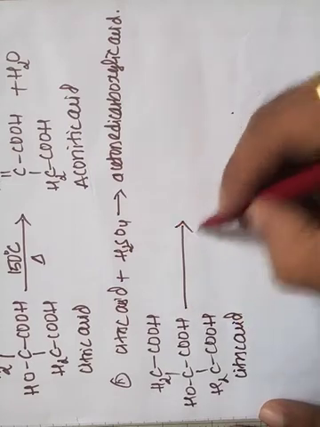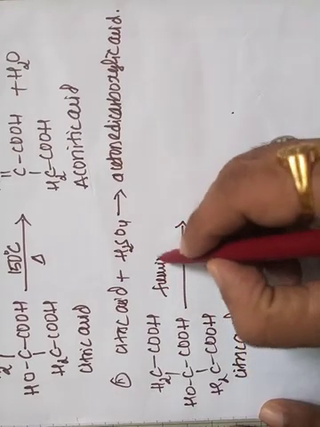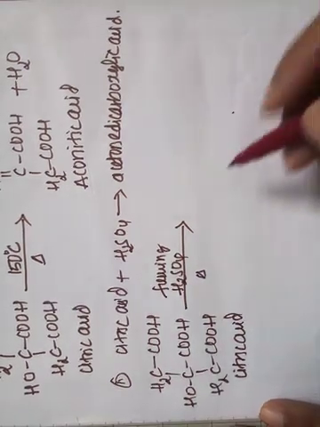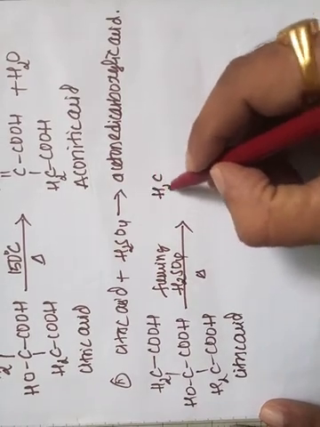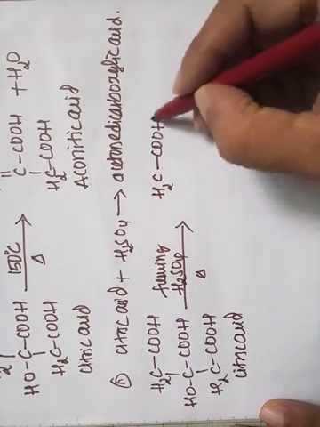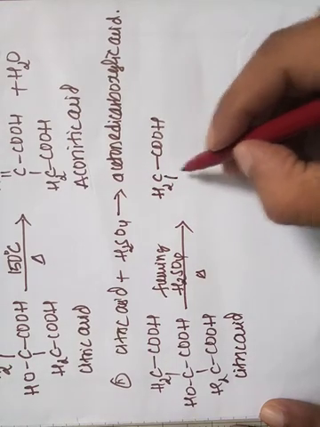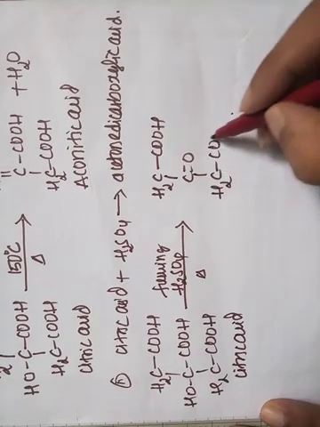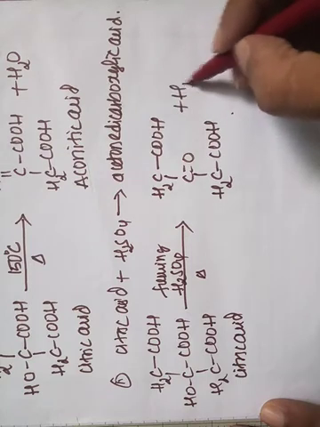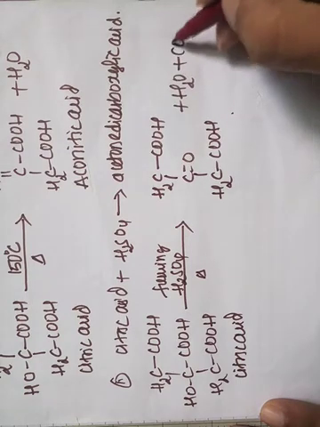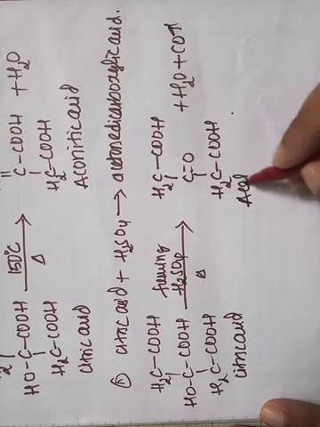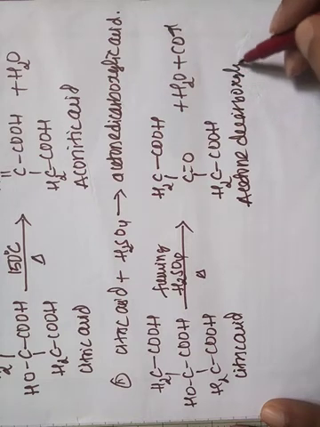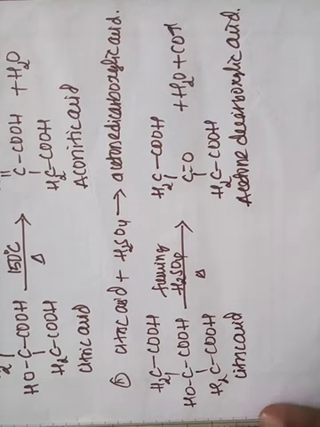When citric acid is heated with fuming sulfuric acid, it forms acetone dicarboxylic acid.